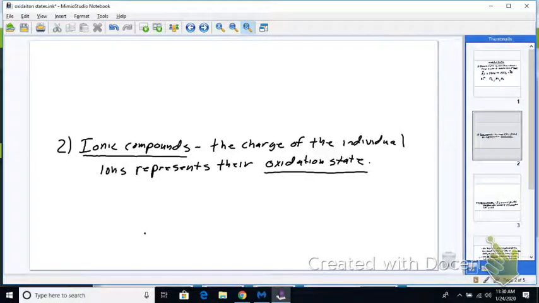Oxidation states encompass a lot more, basically every type of compound, not just ionic. So ionic compounds you treat exactly like you always have. Like CaCl2: calcium is a +2 oxidation state or charge, and chlorine is a -1 oxidation state or charge. Doesn't change anything. So that part you know. You've got that down really well.